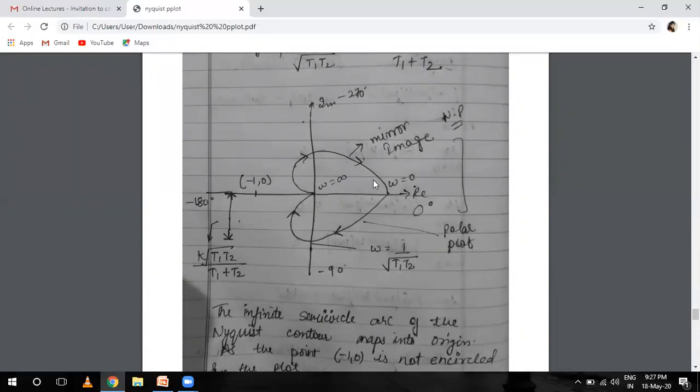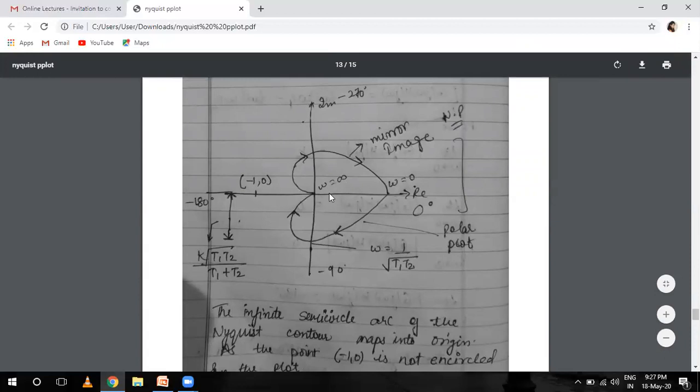So this is the polar plot. See, its mirror image plus the polar plot is the Nyquist plot, and this value is K into under the root T1 T2 upon T1 plus T2.